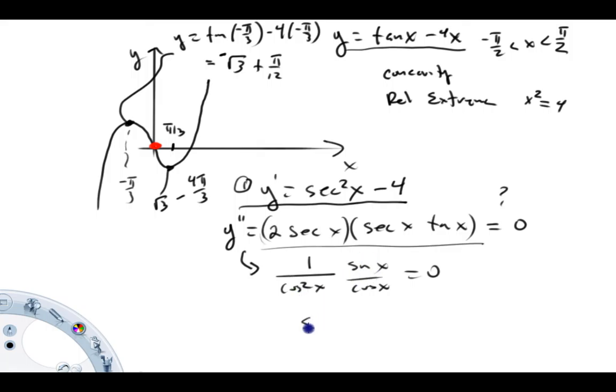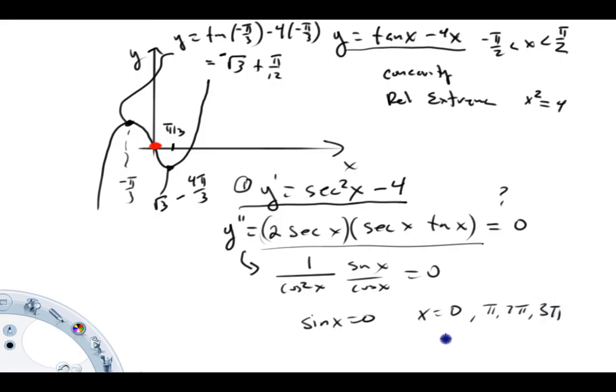This has only one solution. We can multiply both sides by cosine cubed. Sine x is 0 at x equals 0. Now this thing has more inflection points. X equals pi, 2 pi, 3 pi, all are zeros of that equation.